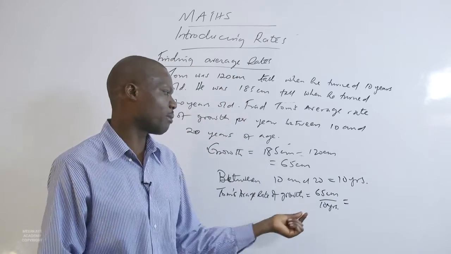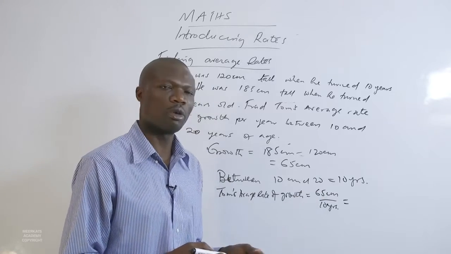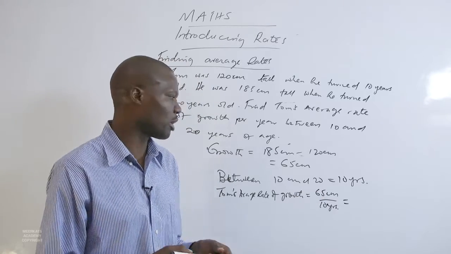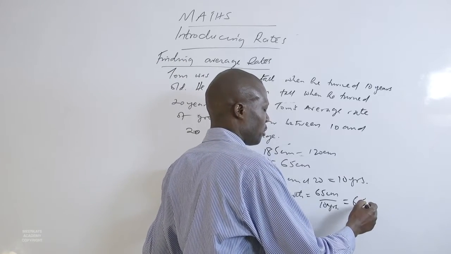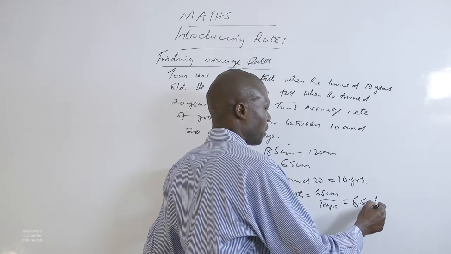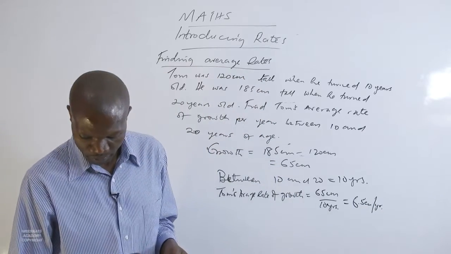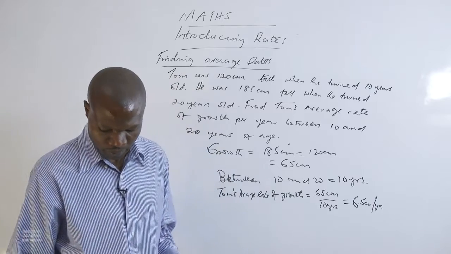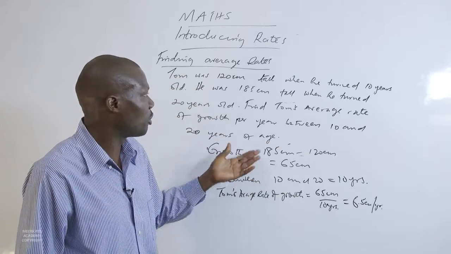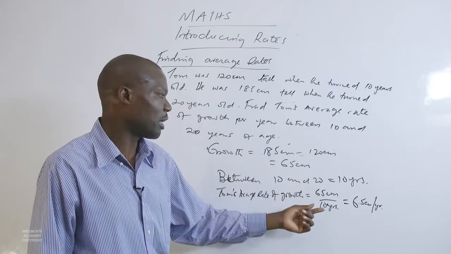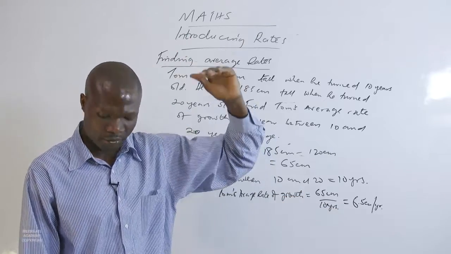Here we are dividing by 10, which is a power of 10. So we shall move the decimal point one step to the left. So we have 6.5 centimeters per year. So the average rate of growth for Tom is 6.5 centimeters per year. That is how it keeps on increasing.